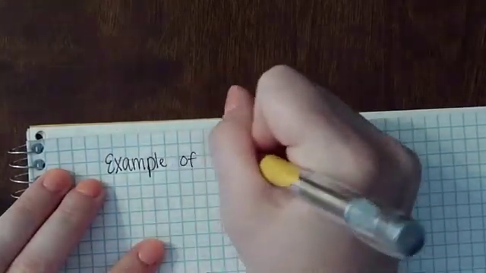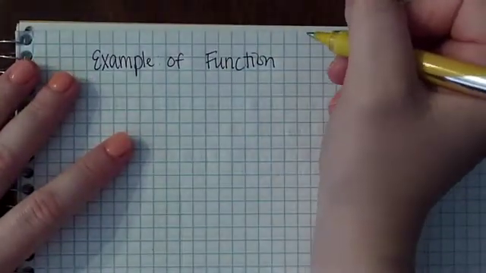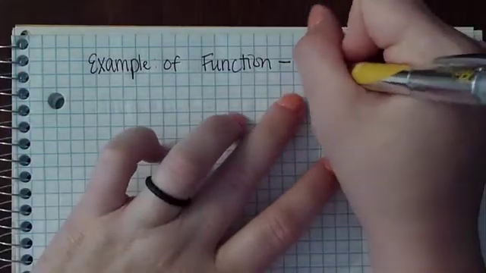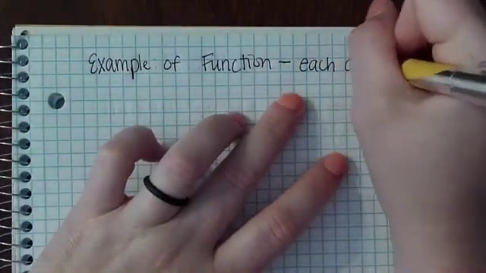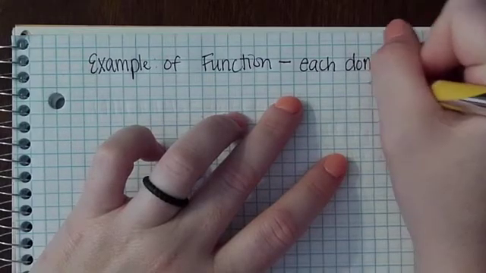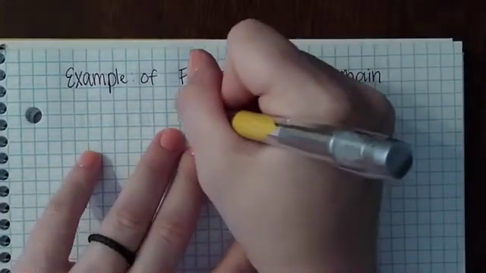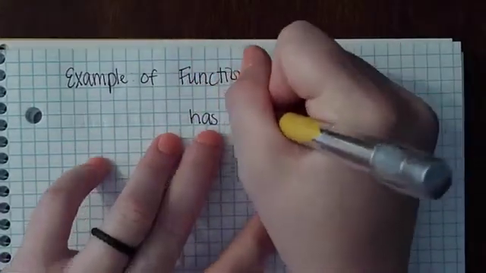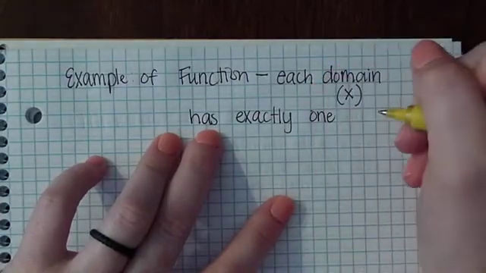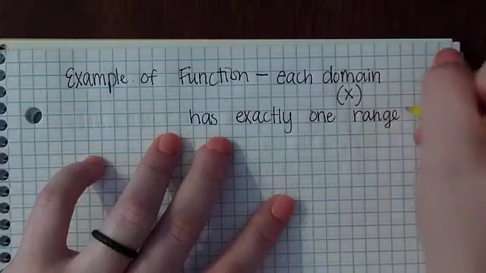is an example of a function. A function is when each domain, of course we just said that's x, has exactly one range value.